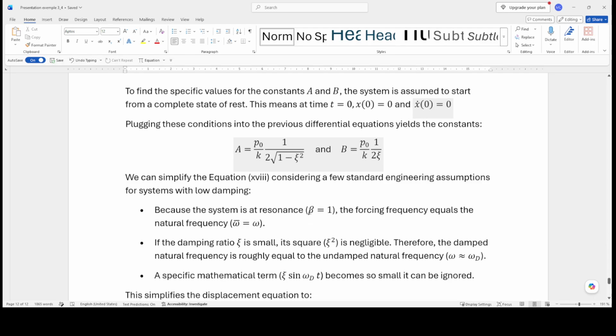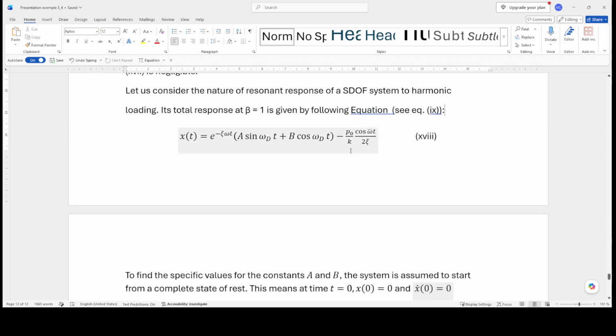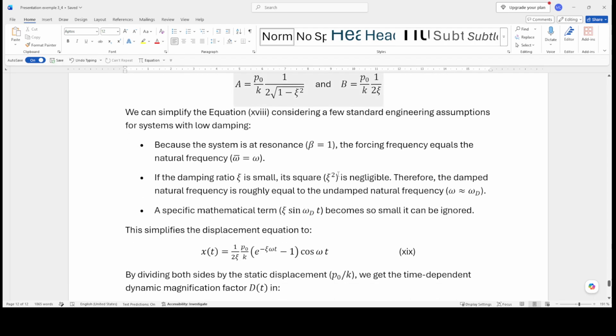We can simplify this formula with the standard engineering assumption of low damping. The system is in resonance, beta is equal to 1, the forcing frequency equals the natural frequency, so omega bar is equal to omega.